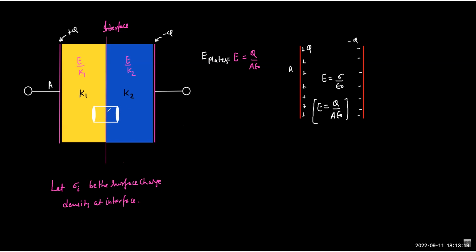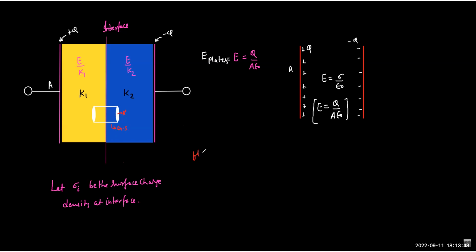So if sigma is the resultant surface charge density, we can find the flux. If I choose this area as A dash, what is going to be the flux through this cylindrical Gaussian surface?